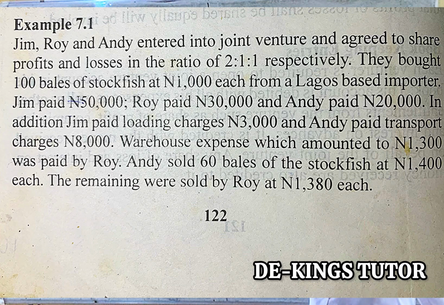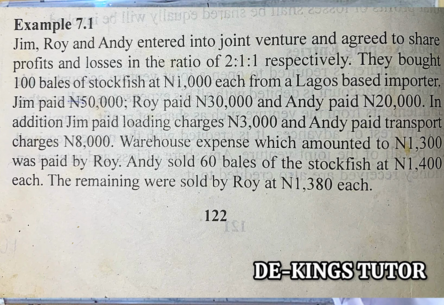Jim, Roy, and Andy entered into joint venture and agreed to share profit and loss in the ratio of 2:1:1 respectively.